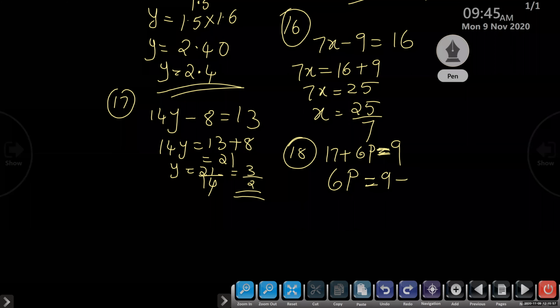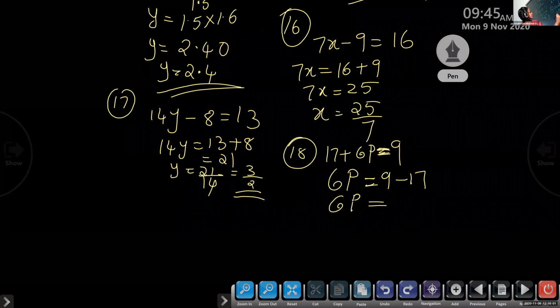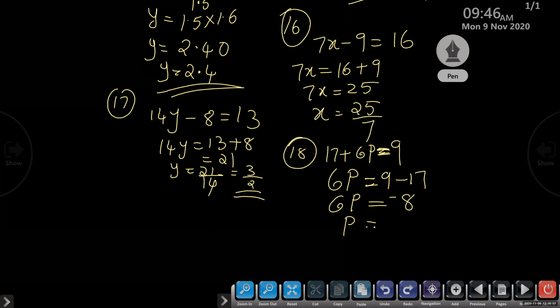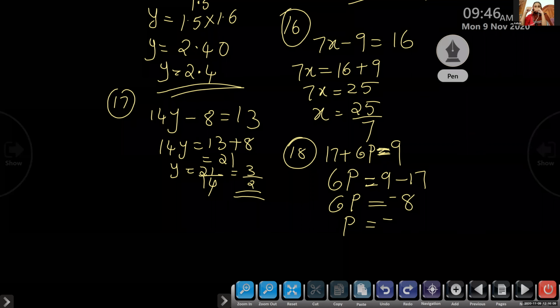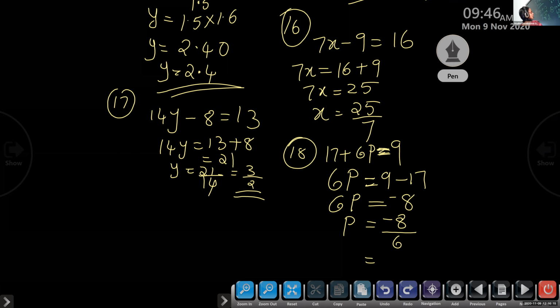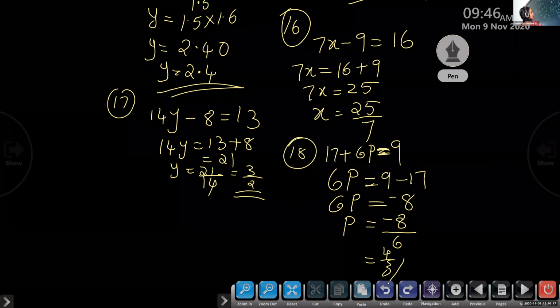Very good. What is 9 minus 17? Minus 8. So p equal to negative 8 divided by 6. 2 you can cancel. So it is negative 4 by 3. P equal to negative 4 by 3.